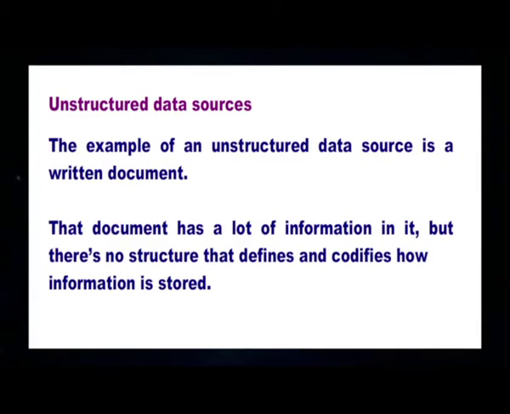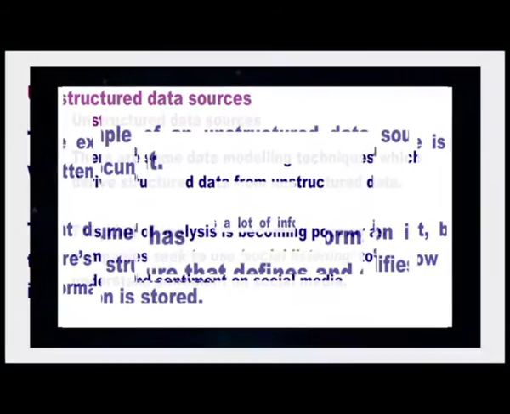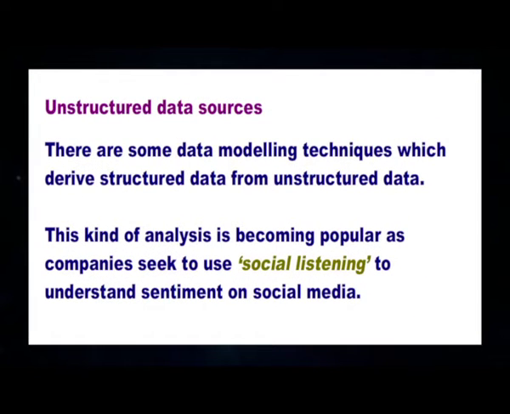An example of an unstructured data source is a written document. That document has a lot of information in it, but there is no structure that defines and codifies how information is stored. There are some data modeling techniques which derive structured data from unstructured data. This kind of analysis is becoming popular as companies seek to use social listening to understand sentiment on social media.